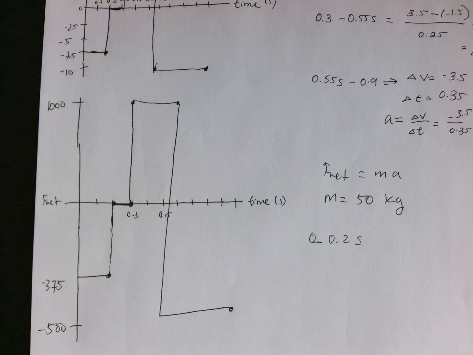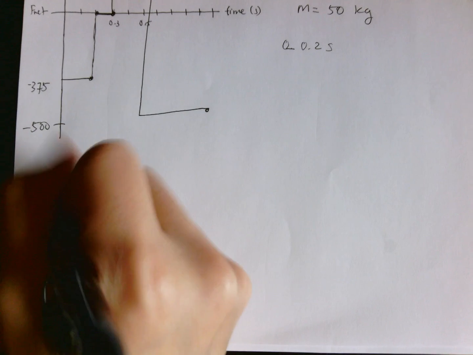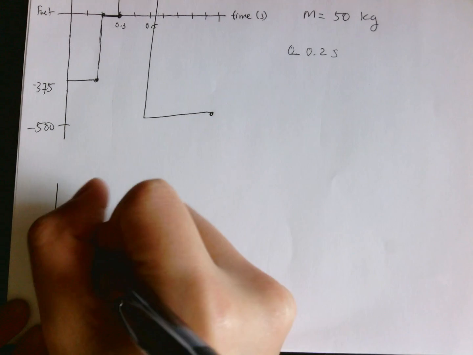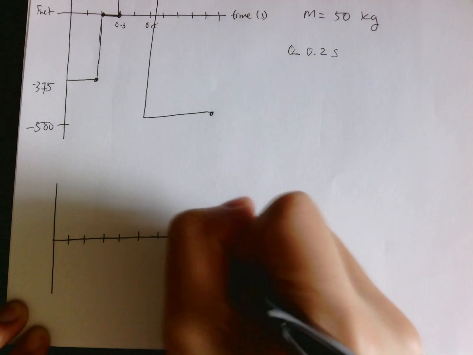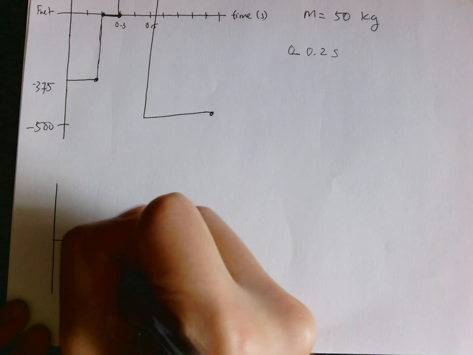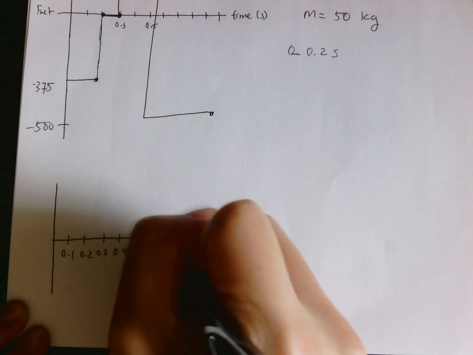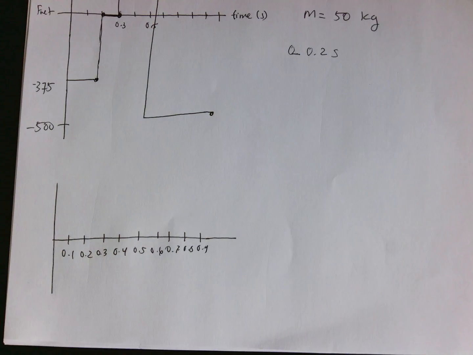Now, next we're going to draw the position versus time graph, and for this graph we're going to just use the initial velocity versus time graph that we were given in the beginning. So with this, we're going to use the areas under the curve.